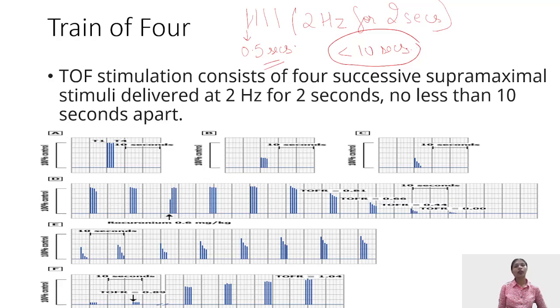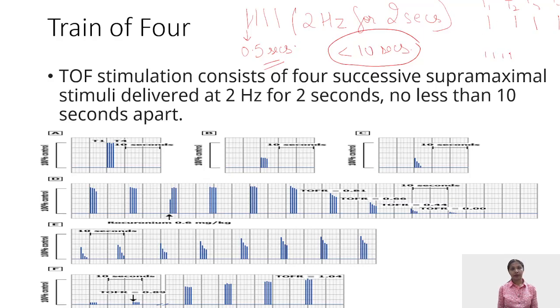Okay, this is the train of 4. When we talk about train of 4, we have T1, we have given 1, 2, 3, 4 stimuli. With every stimulus, we can see one line: T1, T2, T3 and eventually T4. In depolarizing blocks, that is, succinylcholine, all these 4 stimuli are going to decrease in amplitude.